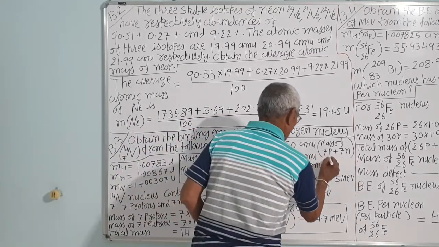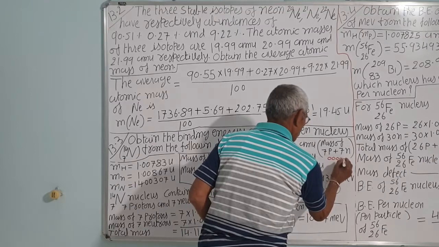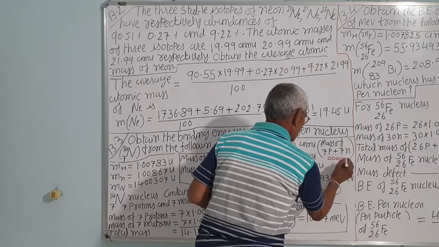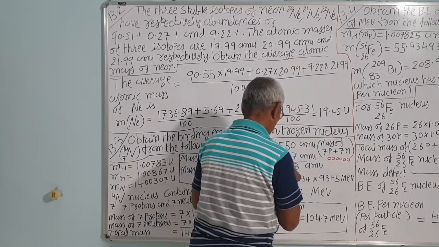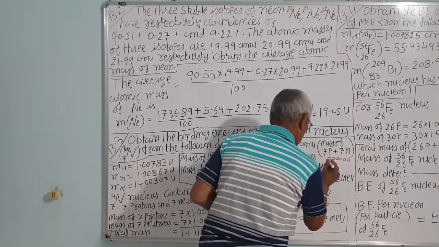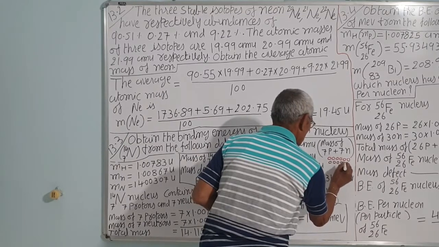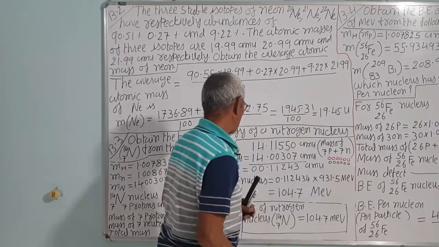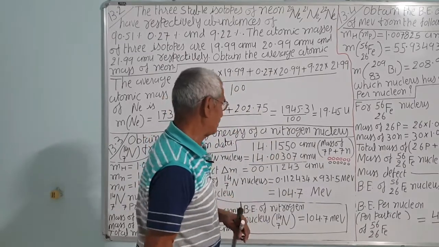So if you put this, say this is 1 proton, 7 protons, say red is the proton, say black is the neutron. In isolated form, its mass is this much, 14.11550.